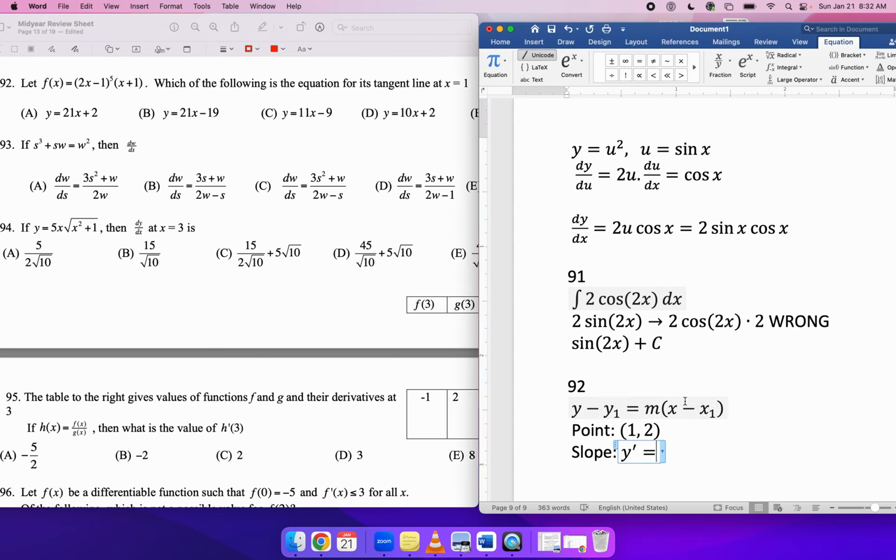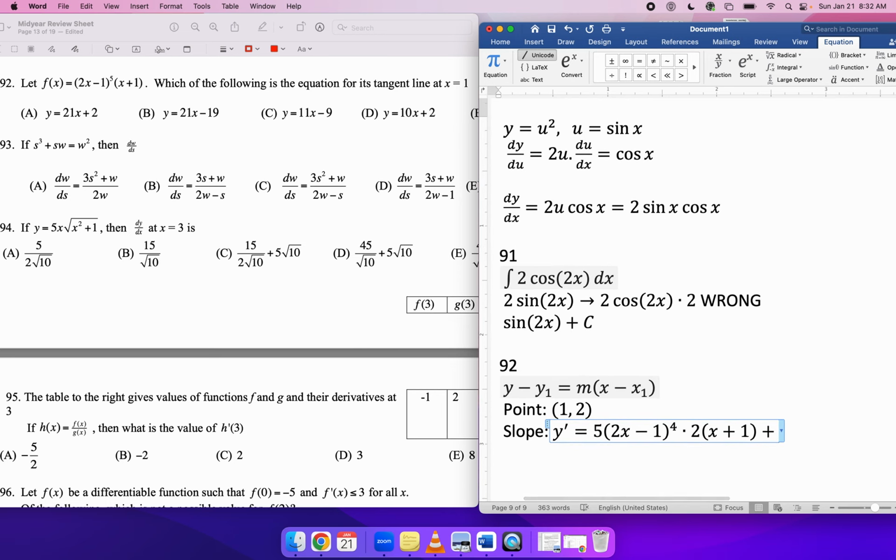Take the derivative of the first factor: you get 5 times 2x minus 1 to the fourth times 2 because of the chain rule, since that first factor is a composition. That's the derivative of the first factor times the second factor left alone. Plus, now I leave the first factor alone, 2x minus 1 to the fifth, and I take the derivative of the second factor; the derivative of x plus 1 is just 1, so times 1.